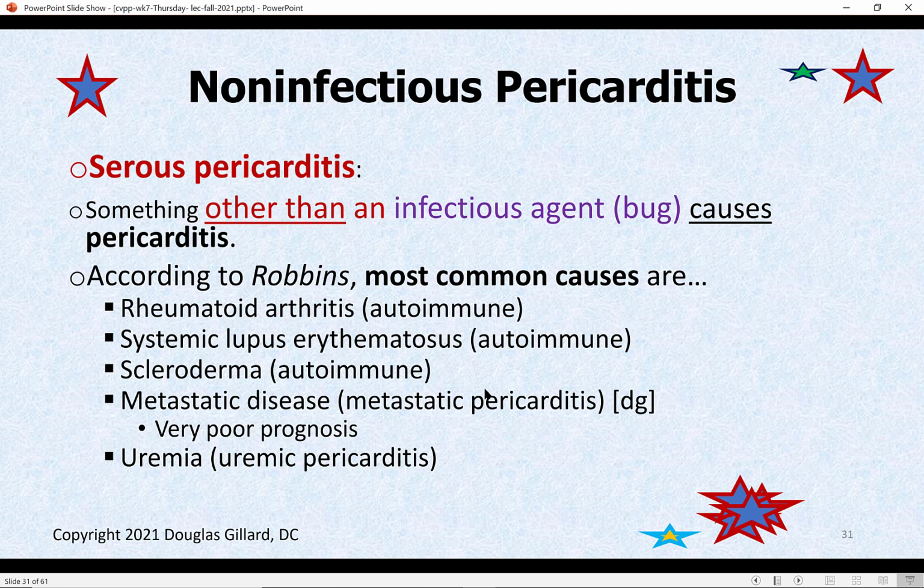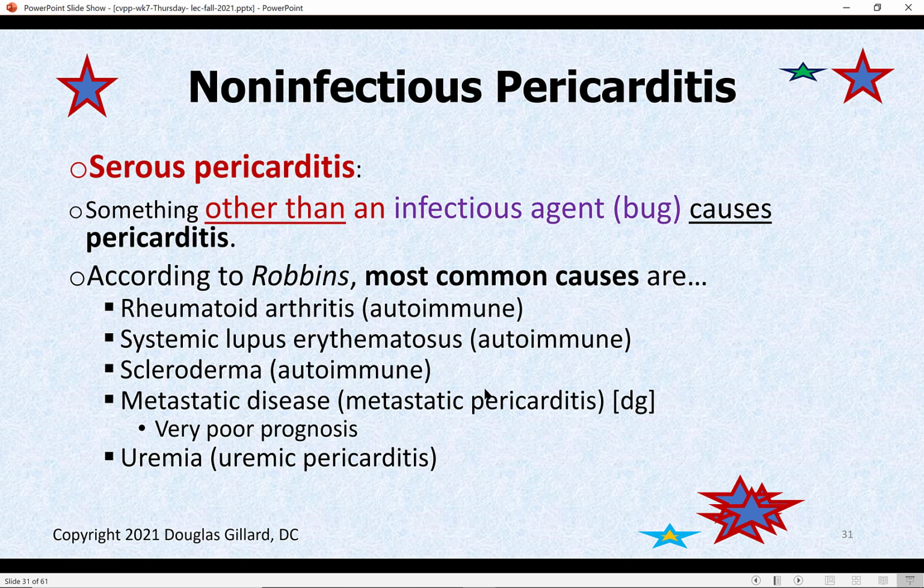Systemic lupus erythematosus attacks the pericardial cavity in addition to its usual targets. Scleroderma attacks the pericardial cavity. And that attack sparks off an inflammation, and you get inflammatory juices. Same type of thing. The serous cells, the mesothelial cells get irritated, and they over-secrete pericardial fluid, and your pericardial cavity starts to fill up with juices, and your heart can start to get strangled.